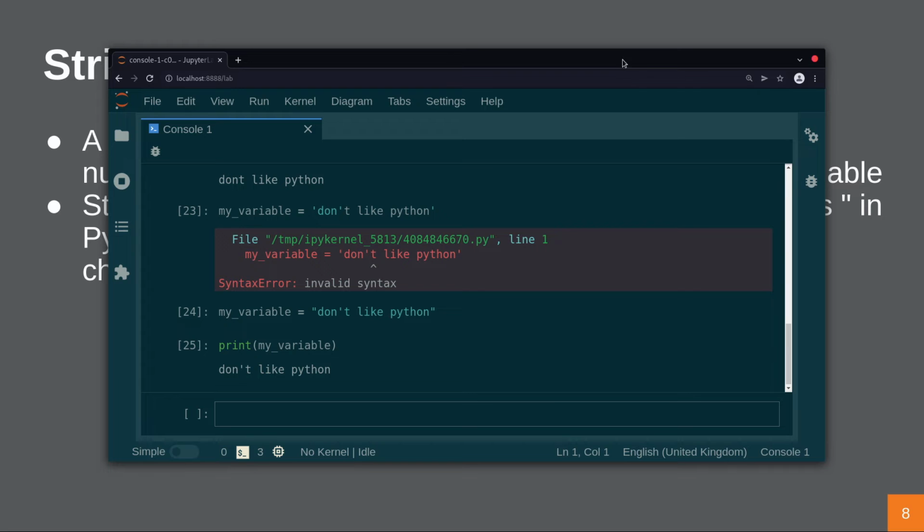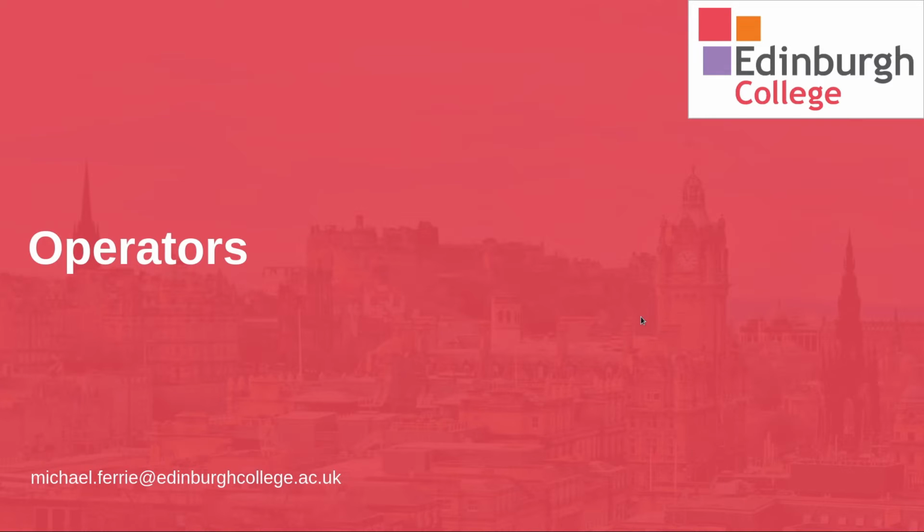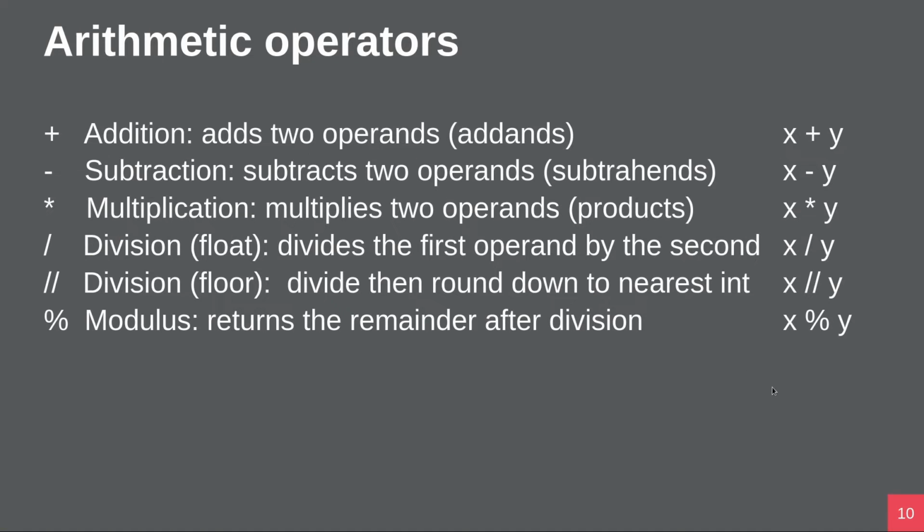It breaks the string. So the next part is operators. So we have these variables, objects in the computer's memory. We need to perform some operations on those variables. So some of these are really easy.